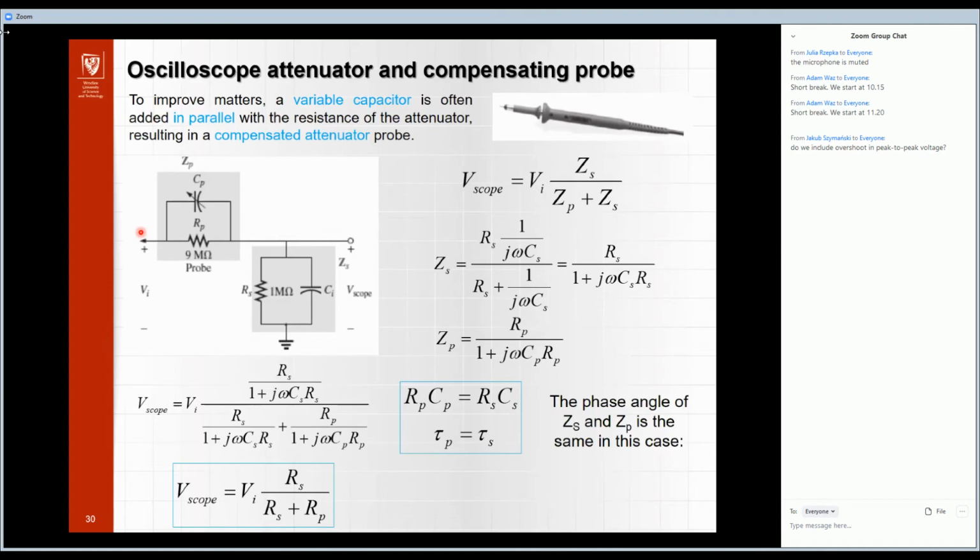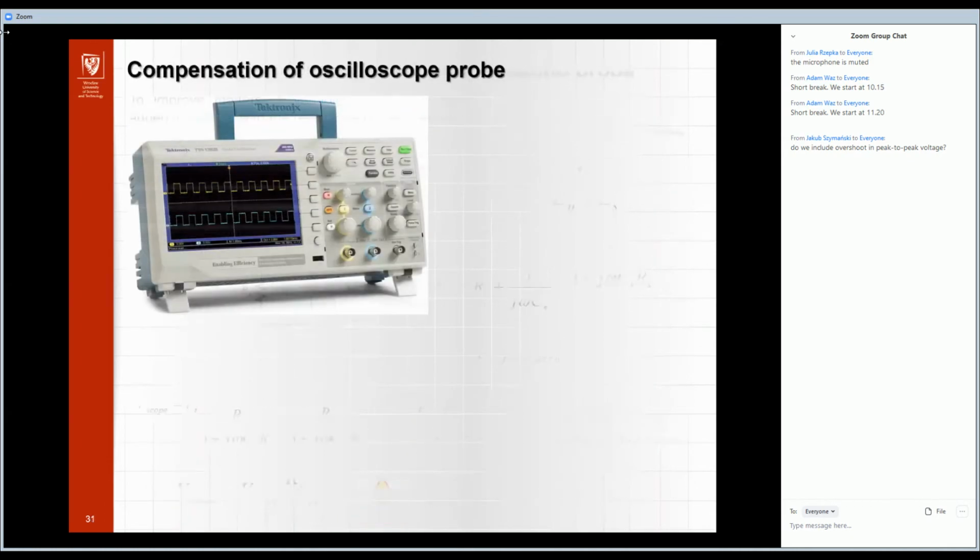So in practice, it is not a good idea to solder such capacitors into our probe. So instead of this, we use variable capacitors, but it is not a good idea to measure this capacitance.